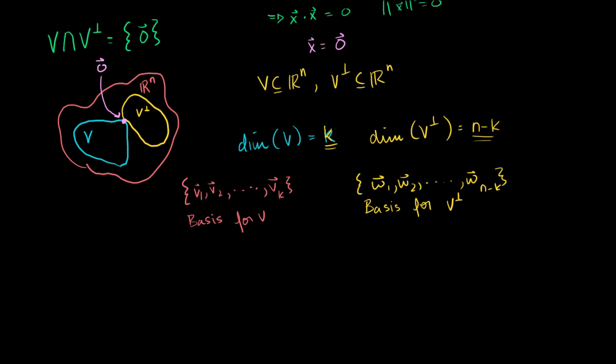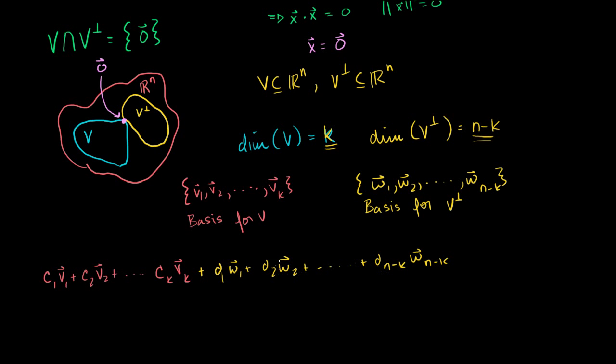So let's just say that for some constants c1 times v1 plus c2 times v2 all the way to ck times vk, plus, for the constants on these guys, I'll use d, d1 times w1 plus d2 times w2, all the way to plus dn minus k times the basis vector wn minus k.